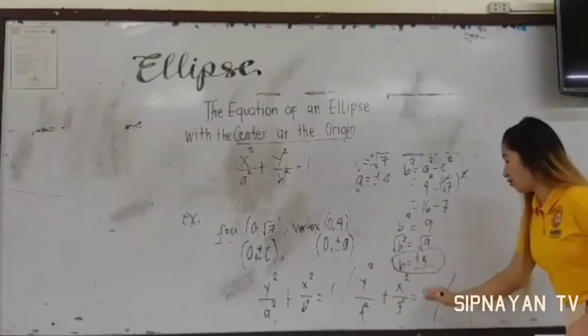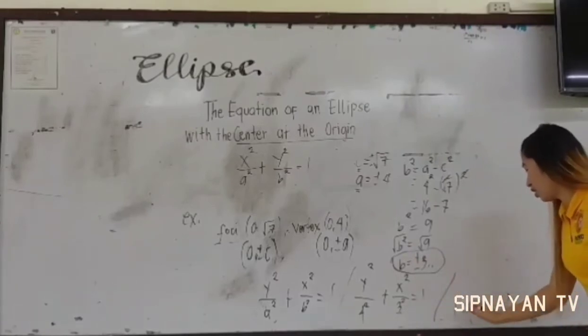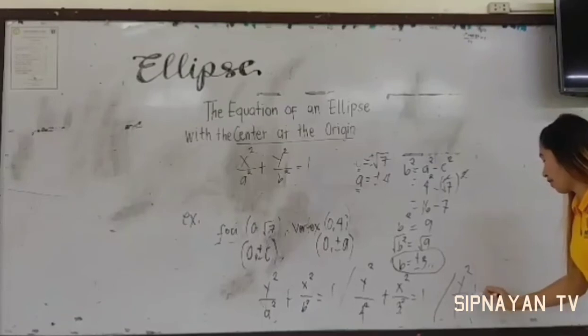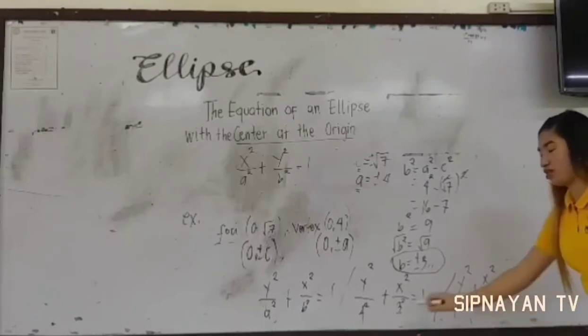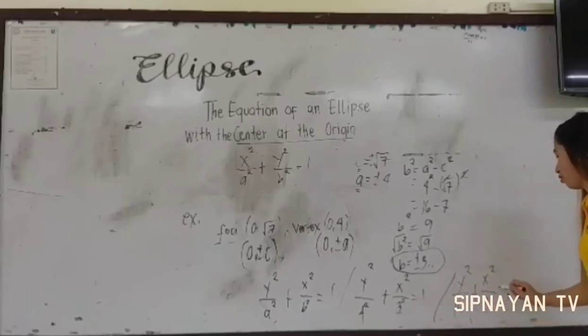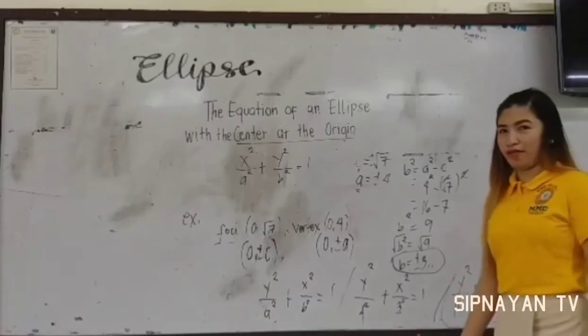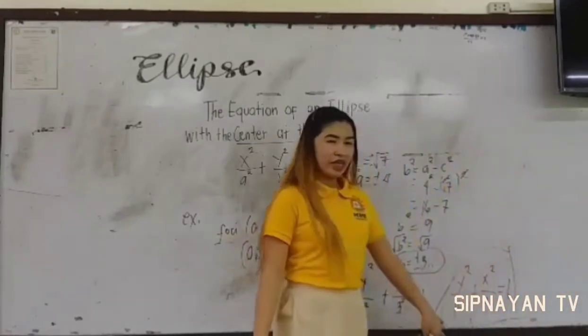Therefore, 4 squared is 16, y squared divided by 16 plus x squared divided by 9, which is 3 squared is 9, is equal to 1. So therefore, this is our equation. This is our equation now.